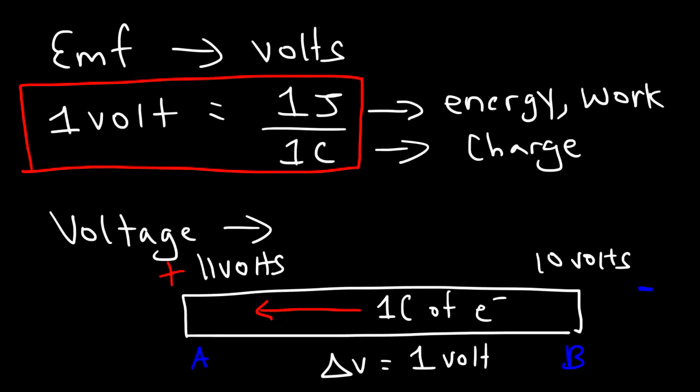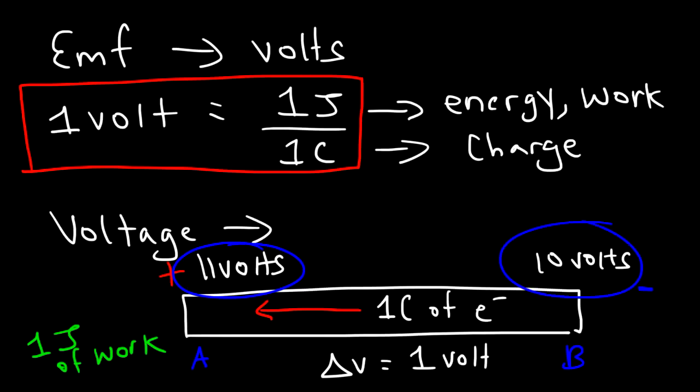And so if 1 coulomb of electrons flow from B to A, through a potential difference of 1 volt, as it goes from B to A, it can do 1 joule of work. So make sure you understand that. So voltage is the difference between 2 electric potential values. Both electric potential and voltage have the same units, volts.